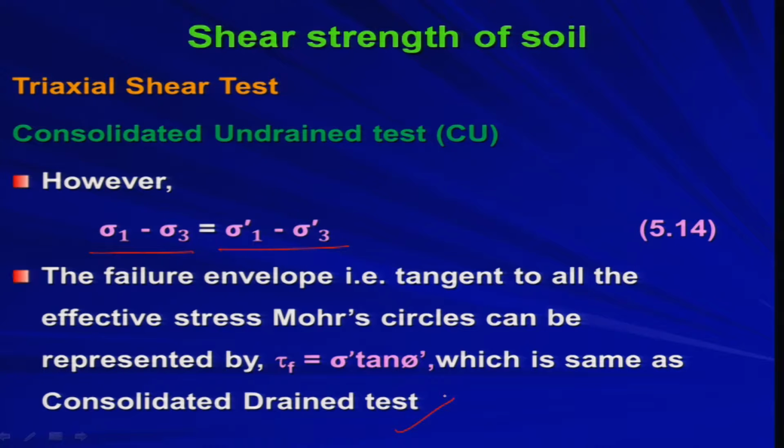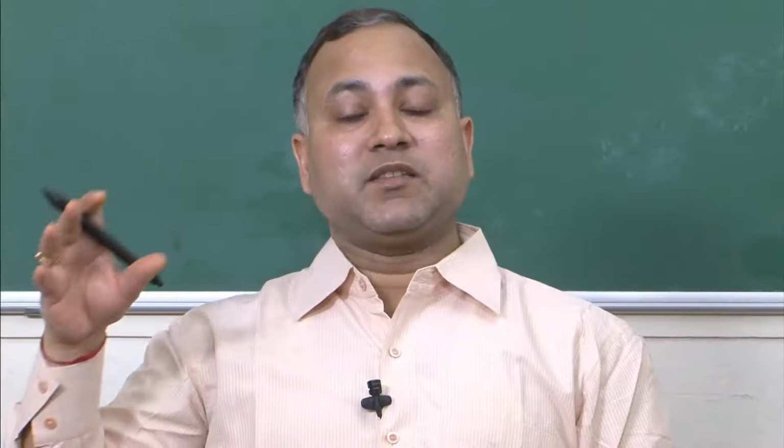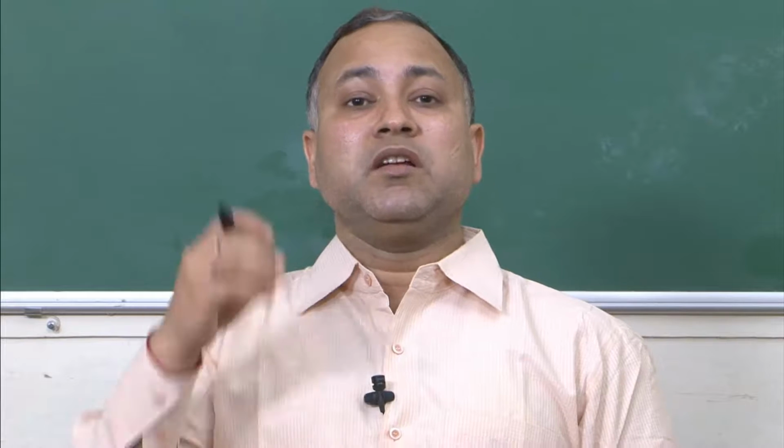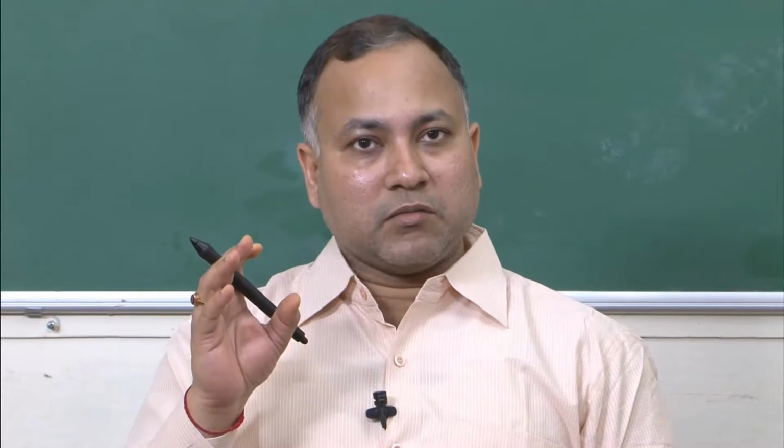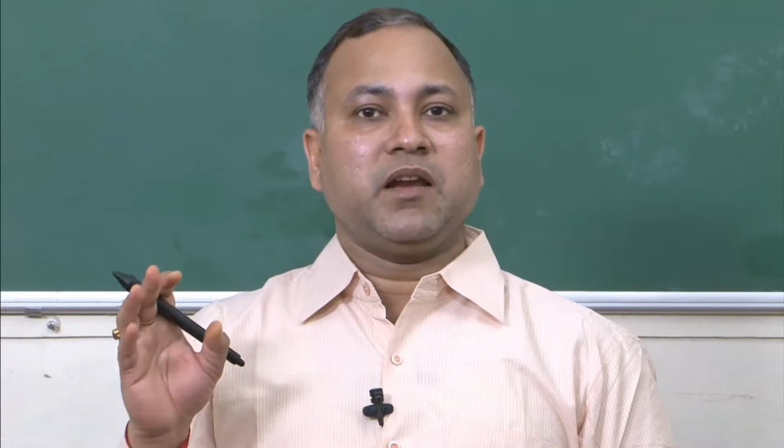In case of the consolidated drained test, you have got the same thing, because in that situation you expressed everything with respect to the effective stress parameters. That means your failure envelope was tau f equal to sigma prime tan phi prime.